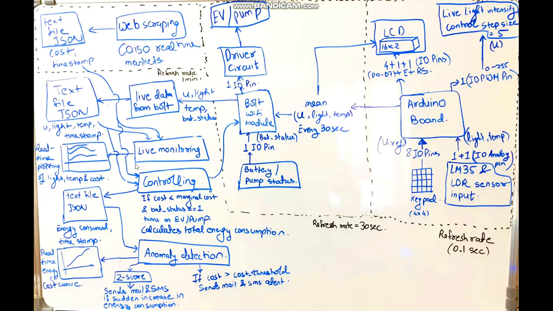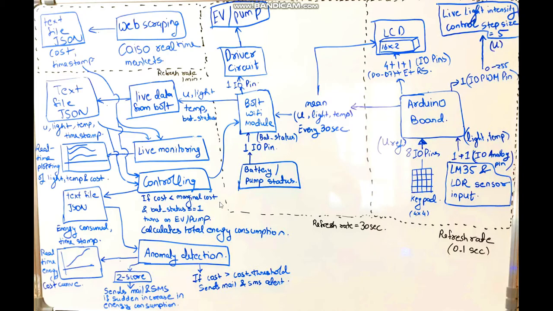It checks the battery status. If it is 0, it won't run the algorithm. If it is 1, it will see if the cost is less than the marginal cost, comparing the cost it takes from here with the marginal cost.